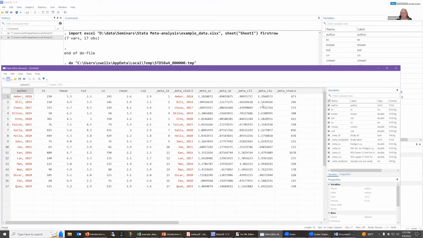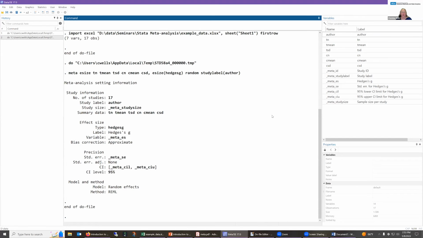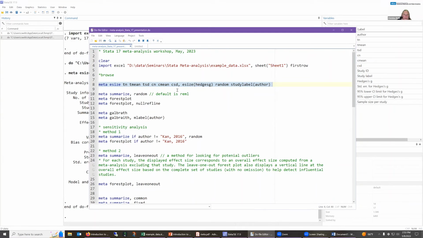This is the stuff that Stata is going to be doing its magic with. My effect size is Hedges G. We've got the label here, the variable name, all the rest of this stuff. I'm going to use random effects in REML. I'll be talking about that a little bit later, but that's where it is here.